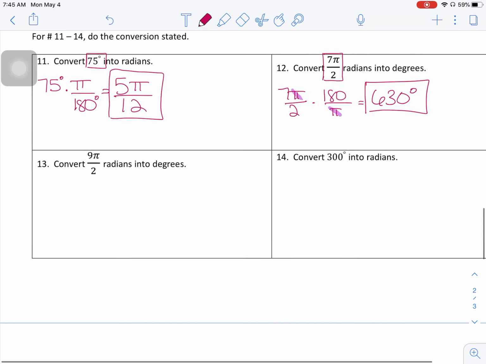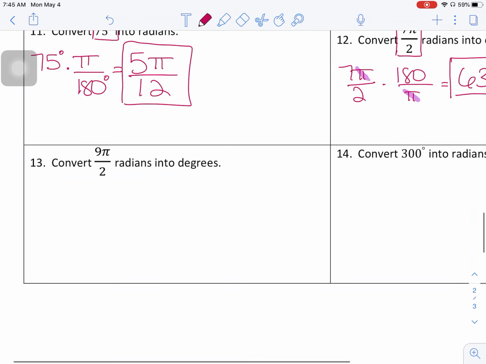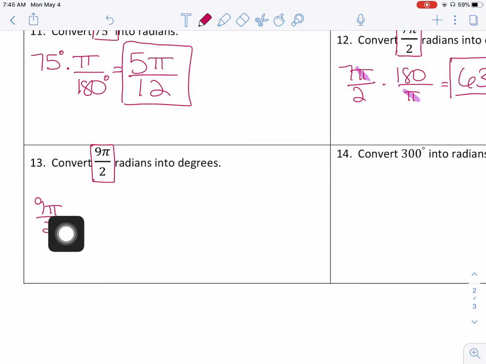Okay. Problem number 13, 9 pi over 2 radians, so 9 pi over 2 times. Because I know I have pi here in my fraction, I want to make sure I have pi in the denominator, which means I'm going to put 180 degrees in the numerator. So pi and pi cancel. 9 over 2 times 180, 810 degrees.